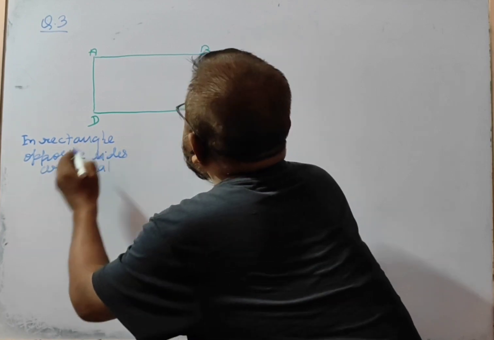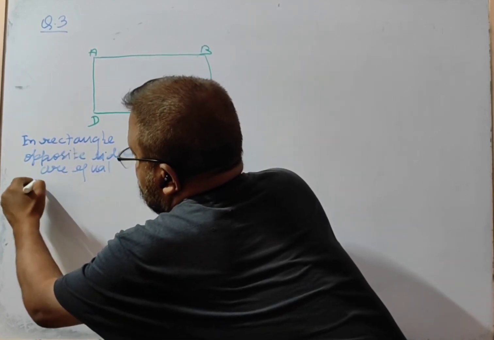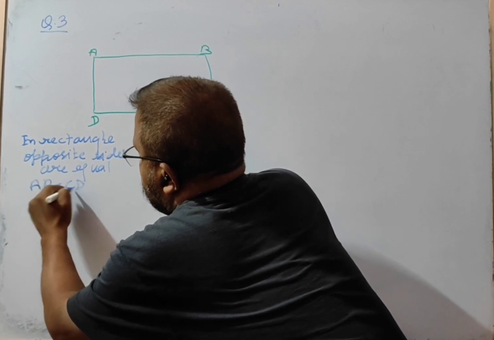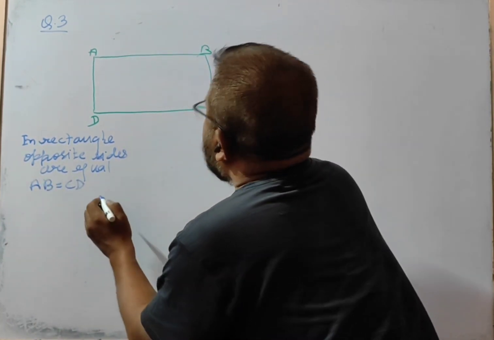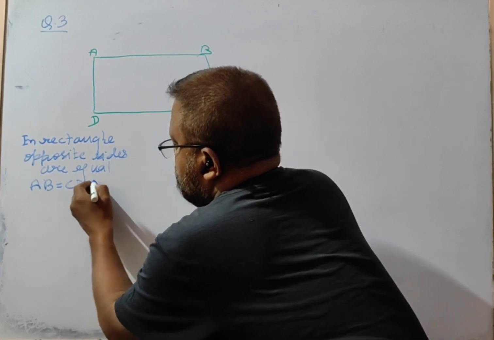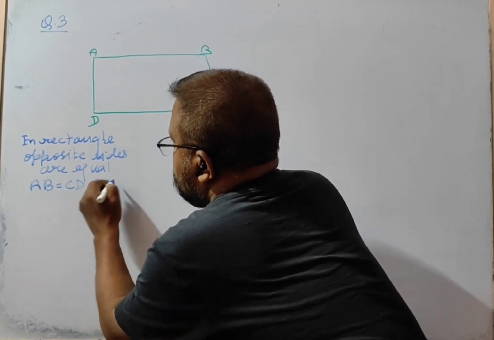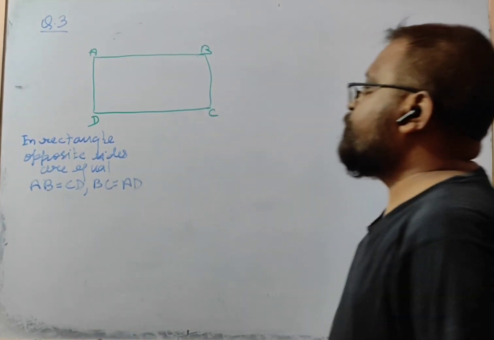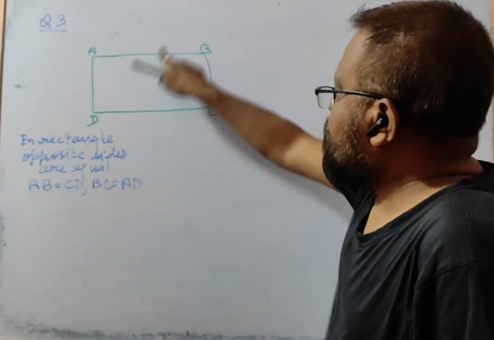It means AB is equal to CD and BC is equal to AD. Fine. Opposite sides are equal.